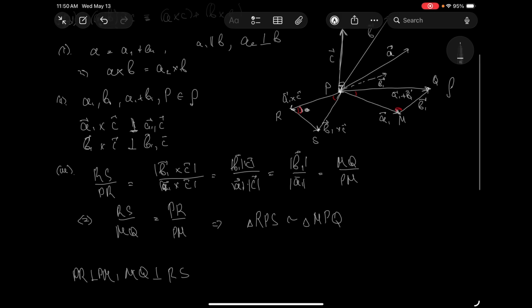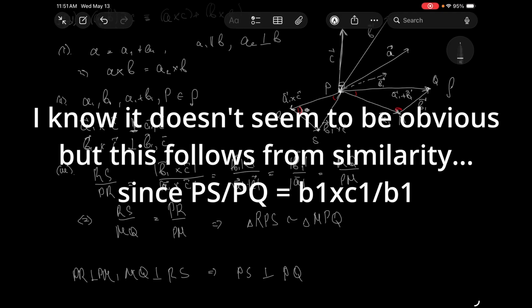Yes, RS. Then it follows that our PS should be perpendicular to our PQ. And PS equals PQ cross product C.